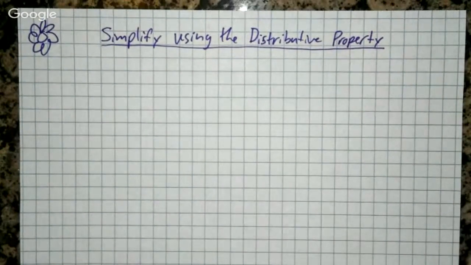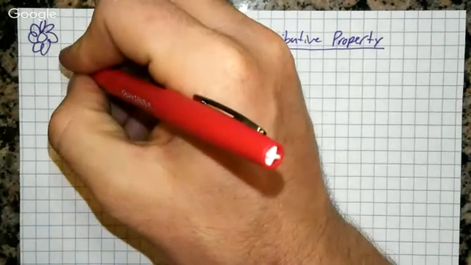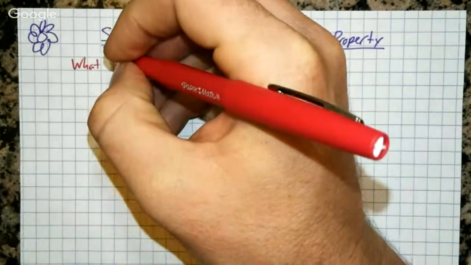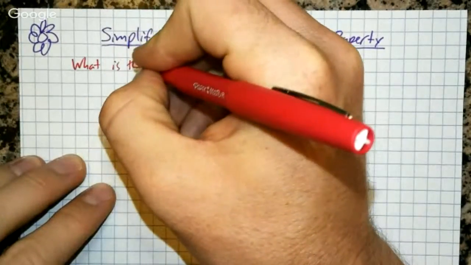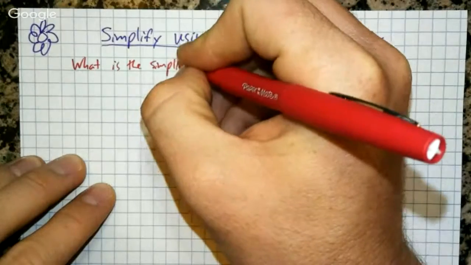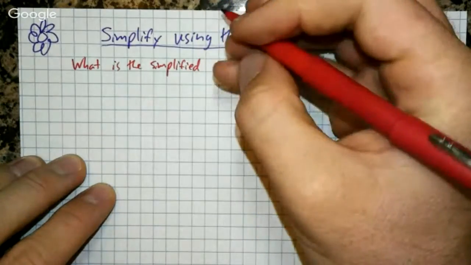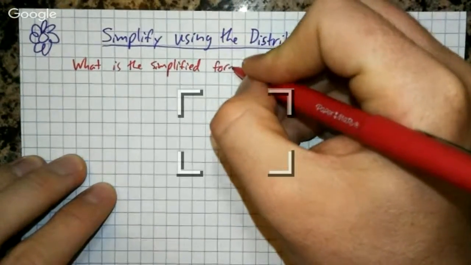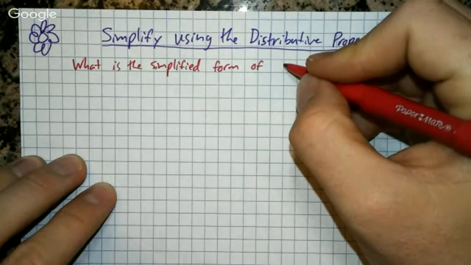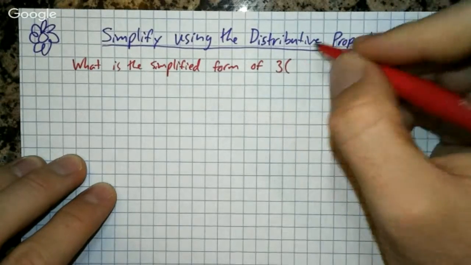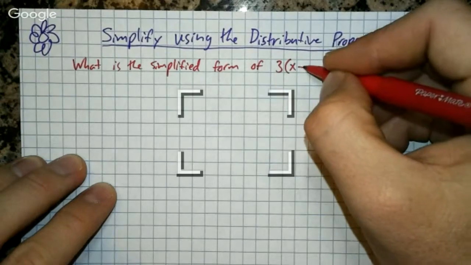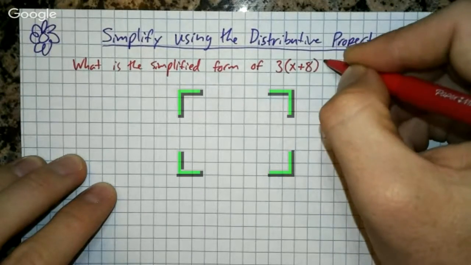Now, I'm sure we have all done this at a certain time in our life, but let's go ahead and get it here. So let's do a simple one first. What is the simplified form of 3 times x plus 8?